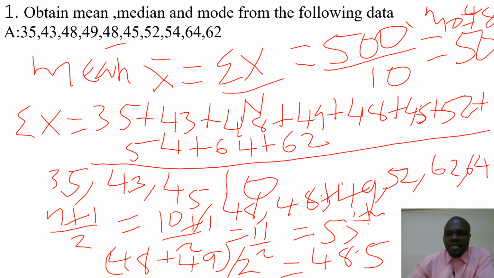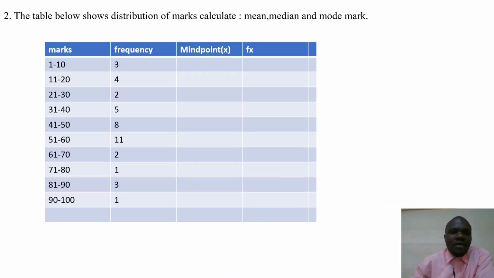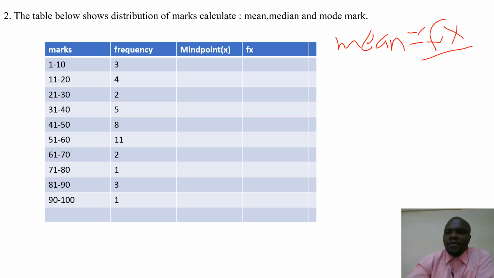So now let us see how we can get these using grouped data. To get the mean, we know that the mean is equal to the summation of fx divided by the summation of f.